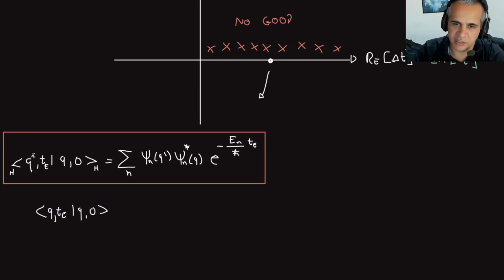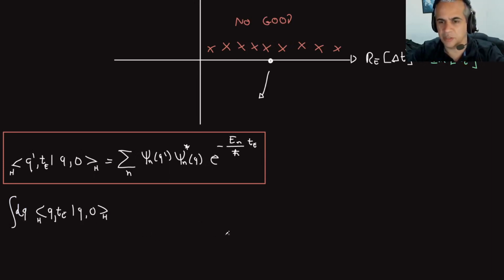That means I just exchange q prime by q here, and I also integrate in q. We are just in one dimension here, but imagine we were in two, just for the sake of the drawing. The moment I make q prime equal q, I'm talking now about closed paths, right? I start and I end at the same point.